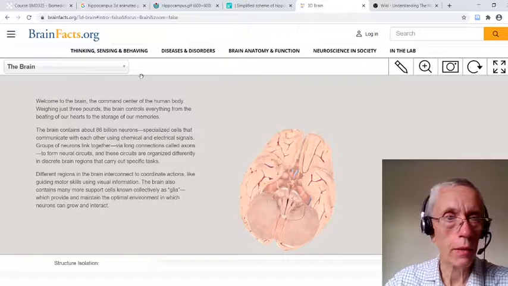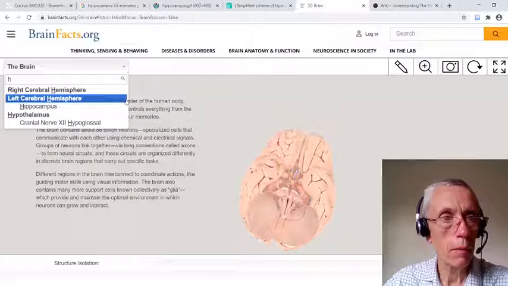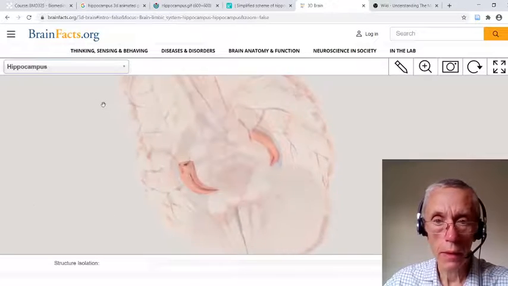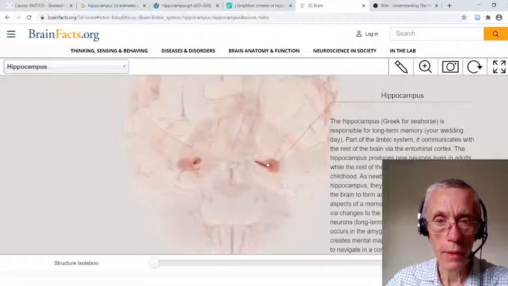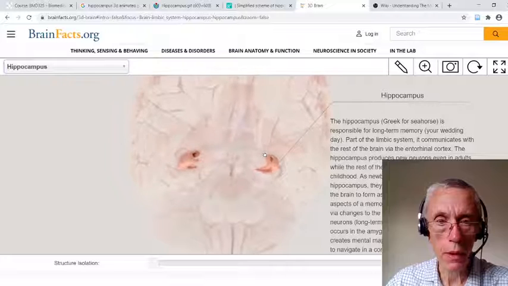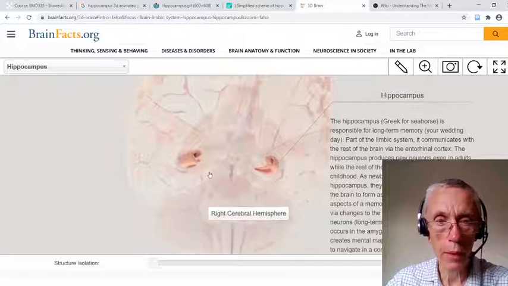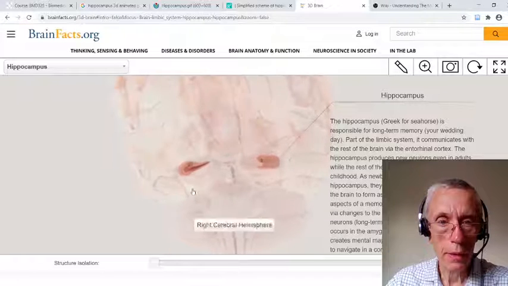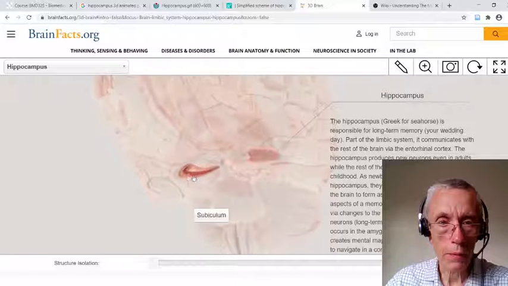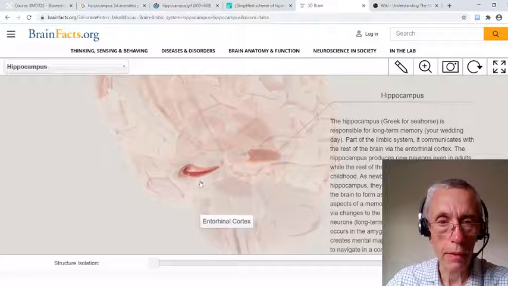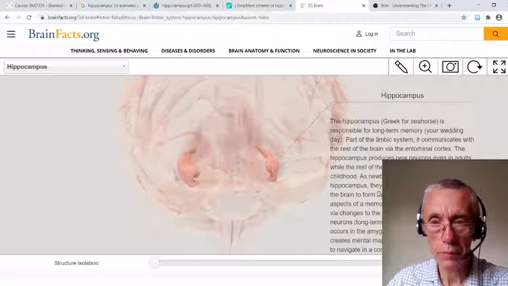If we now have a closer look at that, we can look up here and call up hippocampus. And it'll take us to the structures, which, as you can see, you can just about see where the cerebral cortex comes around and curls around and then kind of tucks itself back under again. So that's where the hippocampus actually is.